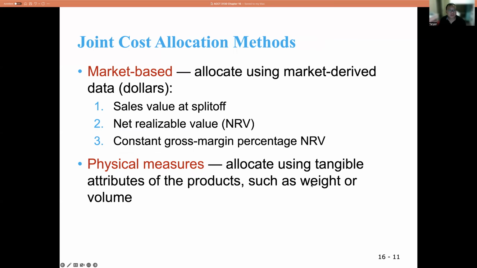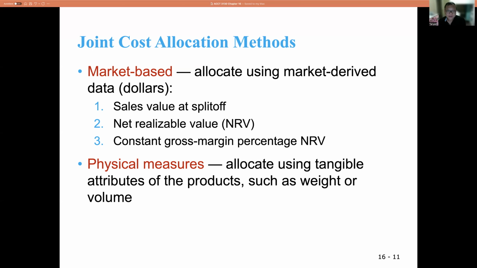Okay, so for the joint cost allocation method, there are different methods. Mainly there are two broad categories. The first one is market-based. The second one is physical measure. With market-based, you allocate using market-derived data, dollars. Basically, the proportion is based on a dollar amount.